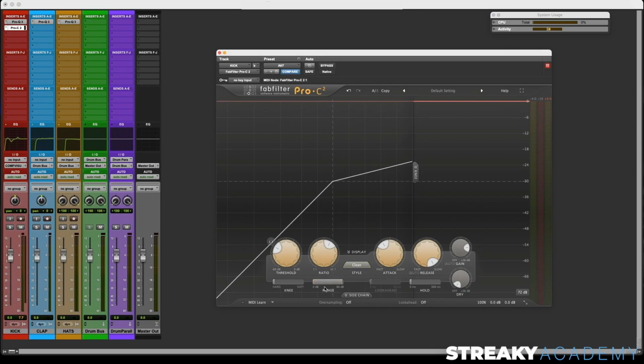Next, we can look at something called range. On some compressors, you may not see this control. All range is, is a range or a limit to how much compression can happen. At the moment, we have set it so we can get a full amount of 60 decibels worth of gain reduction if we want to. However, if I don't want that to happen, I can make sure that regardless of however hard our ratio and threshold is, we will never go above 5 decibels worth of gain reduction.